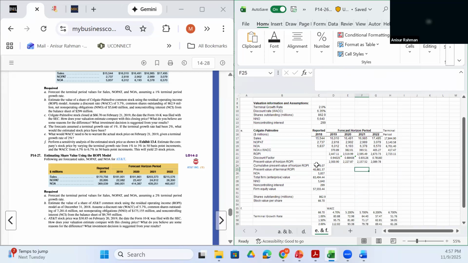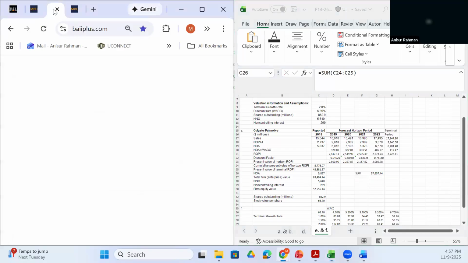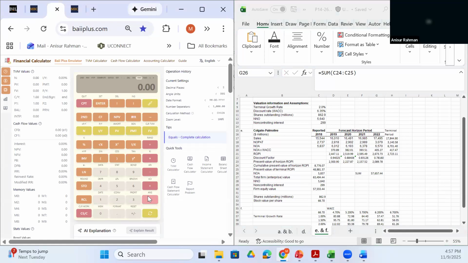We can actually find the sum of these two values using a financial calculator, meaning the sum of the cumulative present value of horizon ROPI and present value of terminal ROPI. And I'm going to show you how. So this is your BA2 calculator.